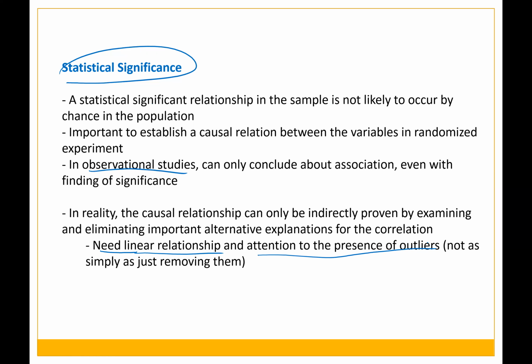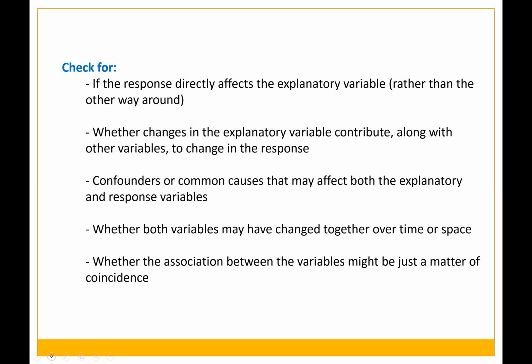Sometimes outliers actually bring insights into whatever you're trying to study. So the outliers should be kept, but with attention to them. When you discuss it, you have to say whether there are any outliers or not, and in which direction they affect the relationship. We're going to see that in one of the practice questions.